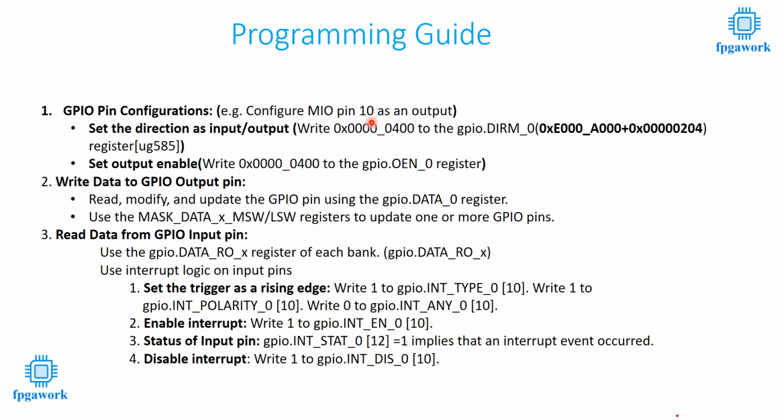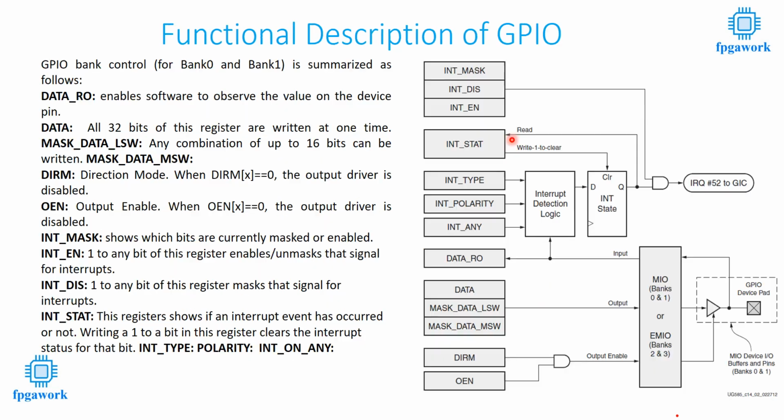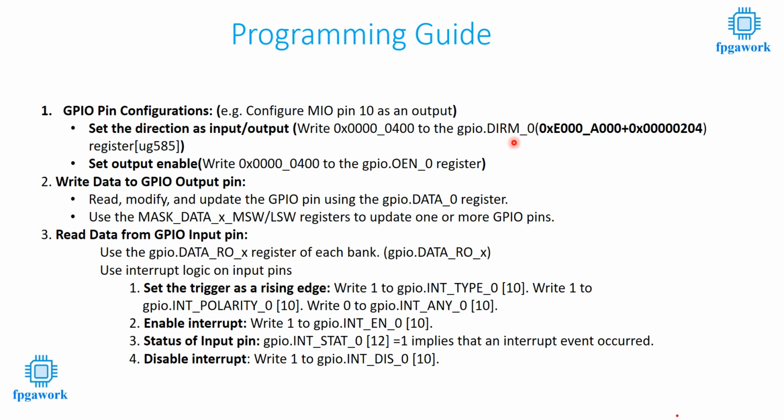As GPIO pin 10 belongs to bank 0, and as I said, each bank has a complete set of these registers, it is DIRM 0. This has a base address plus a relative address. On that address we will write this value.